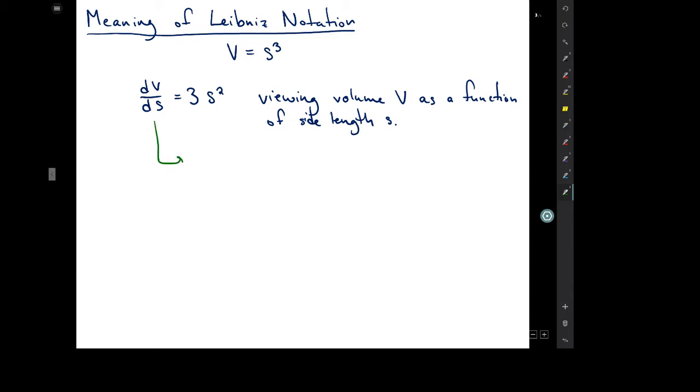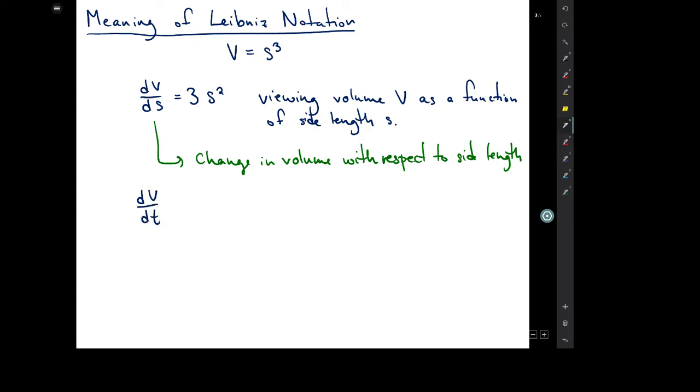The way that you would say this is the change in volume with respect to side length. But in the problem we just did, we were treating v as a function of time, and we were also treating s as a function of time.